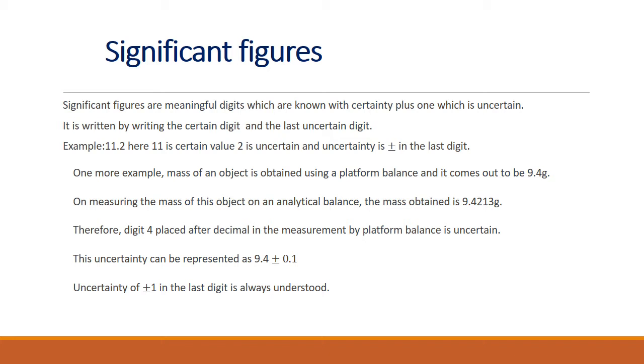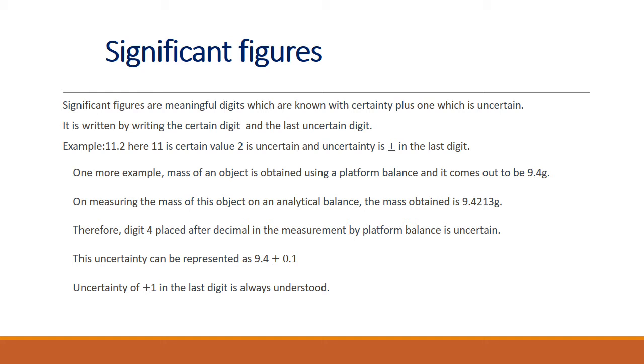One more example: the mass of an object is obtained using a platform balance and comes out to be, suppose, 9.4 gram. On measuring the mass of this object on an analytical balance, the mass obtained is 9.4213 gram. So the digits placed after the first decimal place in the platform balance measurement are uncertain.